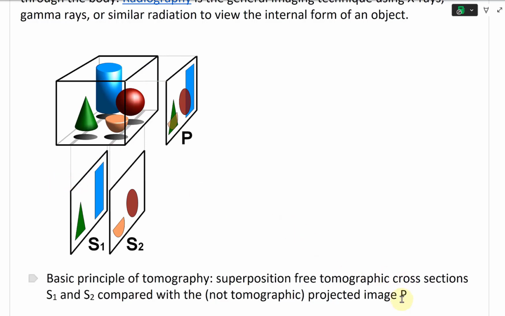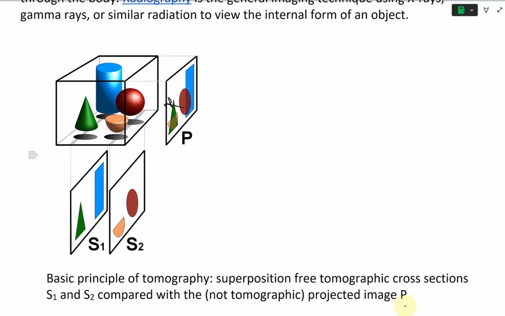But then image P is just looking at it from this way. It's just a projection of all these onto here, which is not a tomographic one because you don't know. It doesn't show detail in terms of the thickness through it because this is all just lumping everything together in a 2D image.